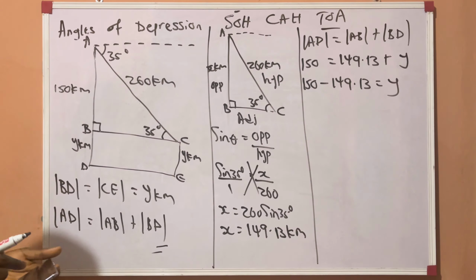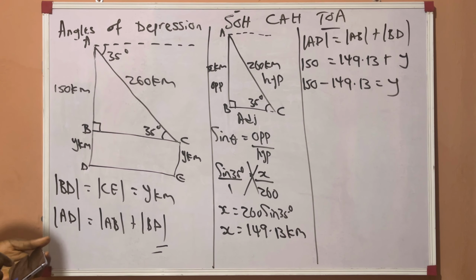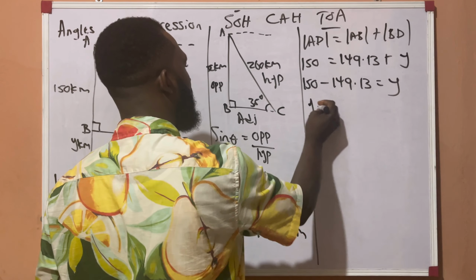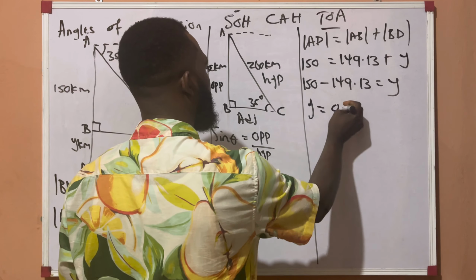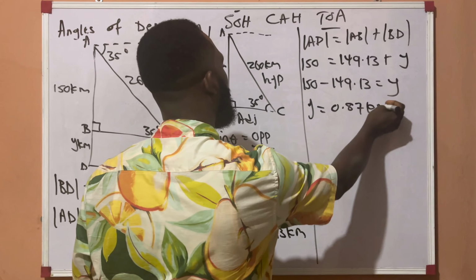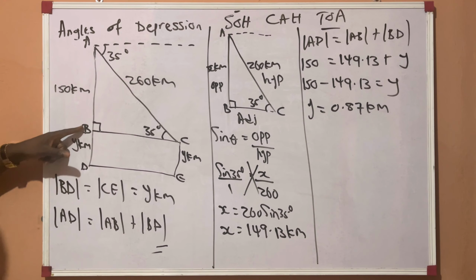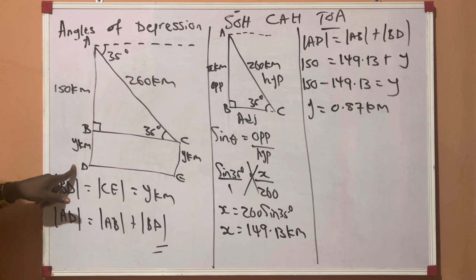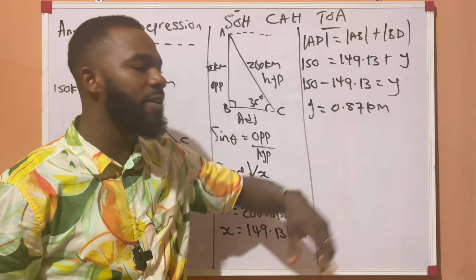So, without wasting time, when you subtract 150 minus 149.13, we are going to get y as 0.87 kilometers. Now, the height of the tower, which is BD, is equal to 0.87 kilometers.